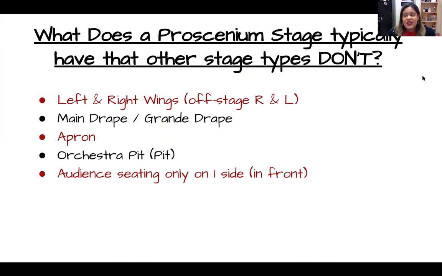And always when it's a proscenium, the audience is all going to be sitting on just one side. In a proscenium, they will always be in the front of the stage. You won't have any audience on the sides or in the backstage areas.